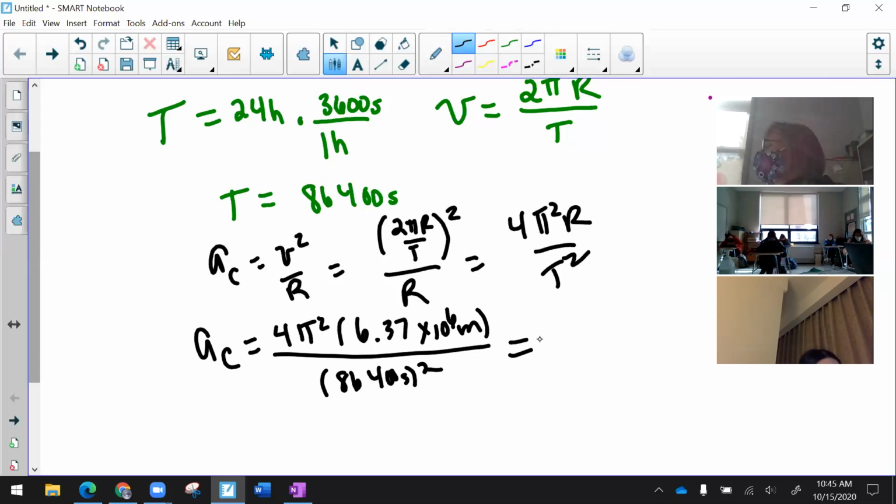And let's say we have 3 sig figs. We'll take the number from the radius of the Earth and we'll limit it that way.